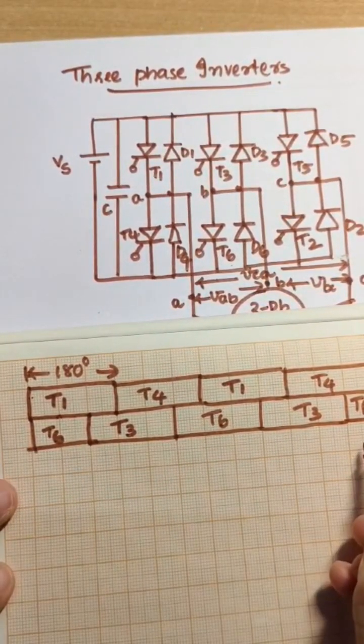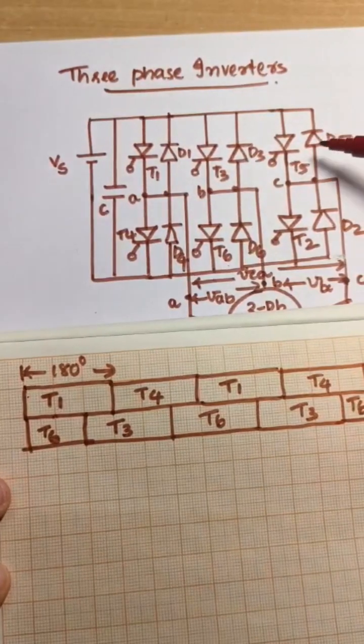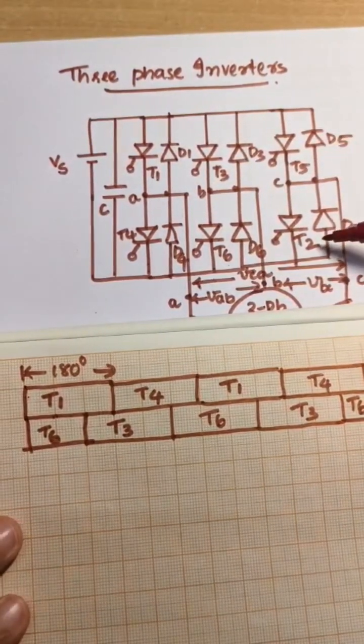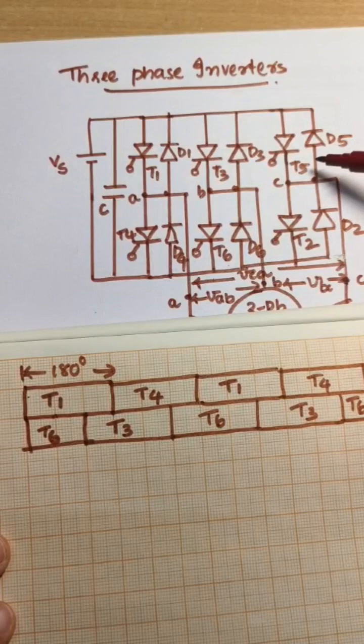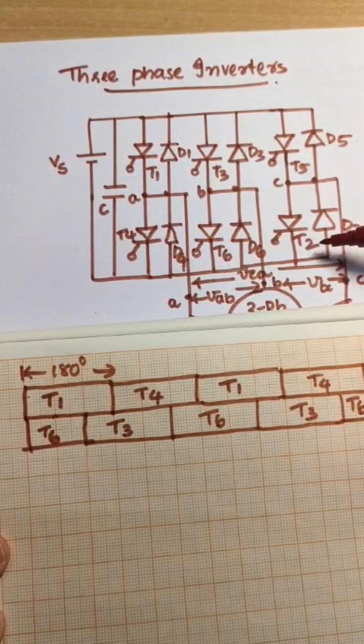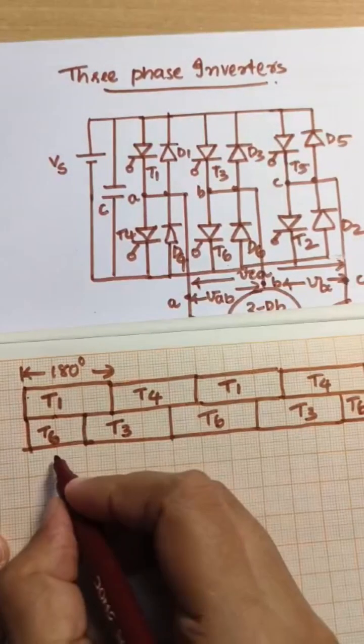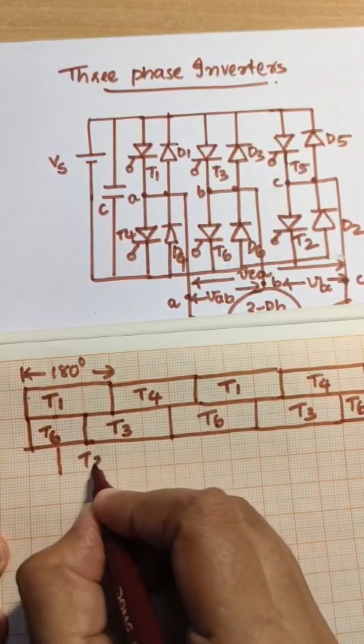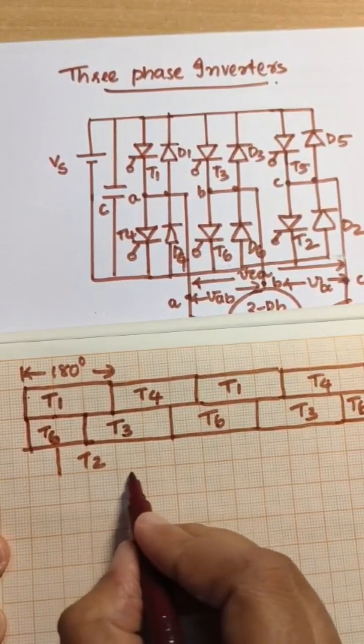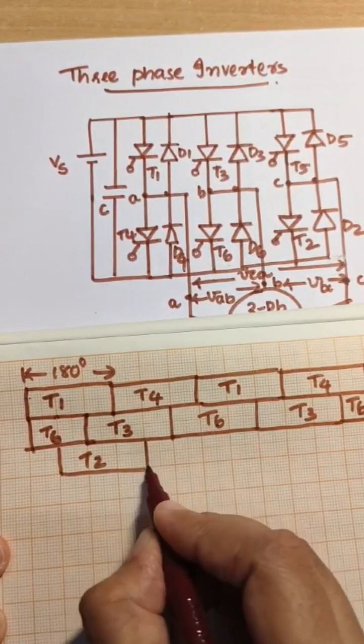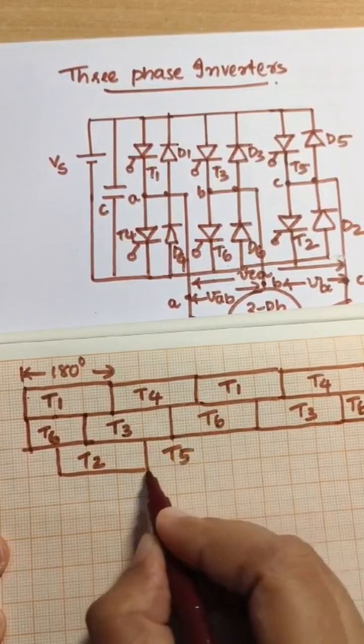In the next row, we will be indicating the switching pattern of the third leg. The third leg consists of T5 and T2. So T2 is fired after 60 degree. T2 conducts for 180 degree. After that T5 is conducting.